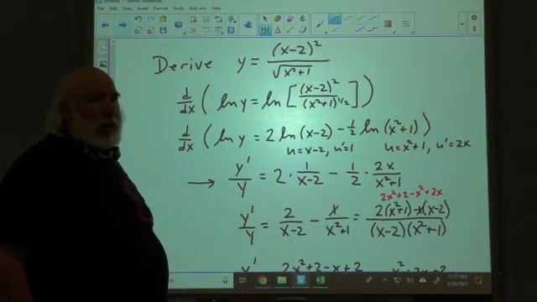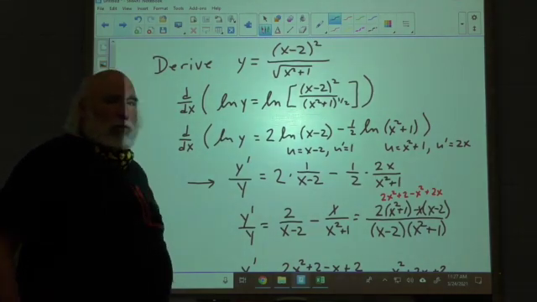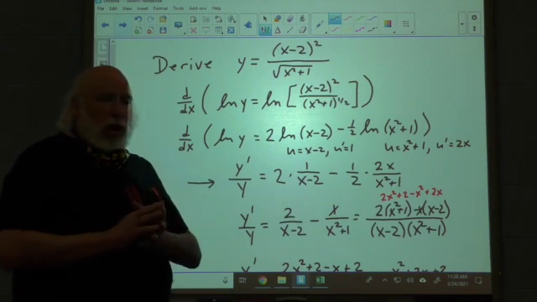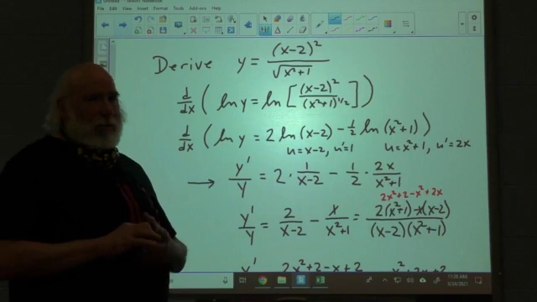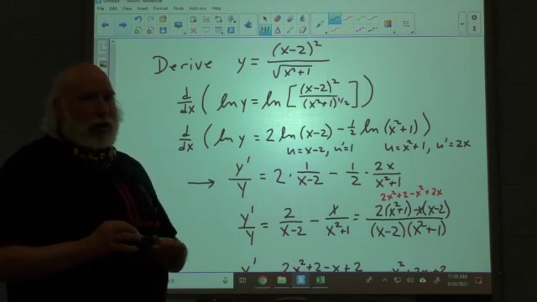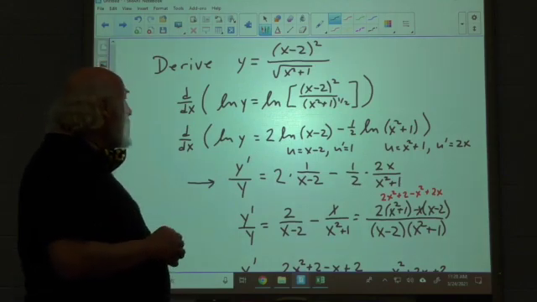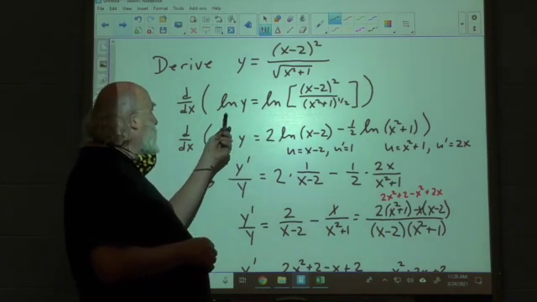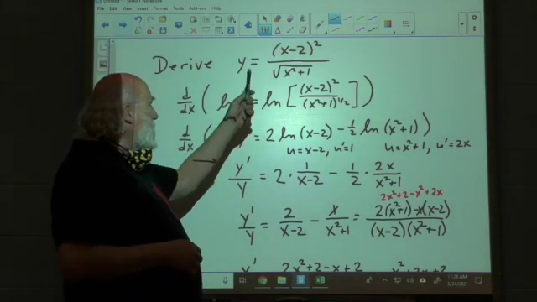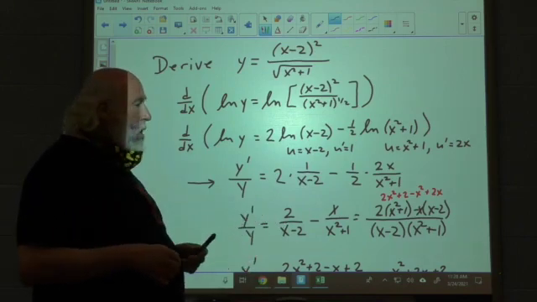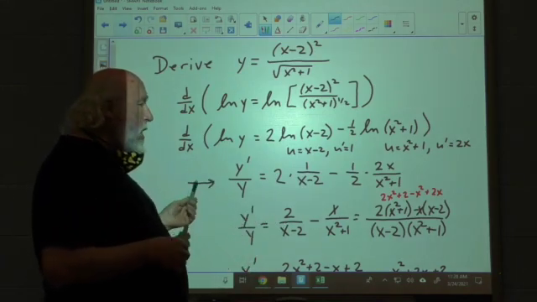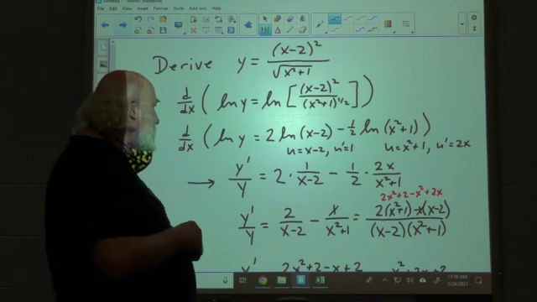The natural log of both sides allows you to use that u prime over u formula to get answers that may be more than a little challenging, shall we say. So that's what we did here. We took the natural log on both sides of this equation, and of course we broke it down, or expanded it, like we did in the previous lesson.